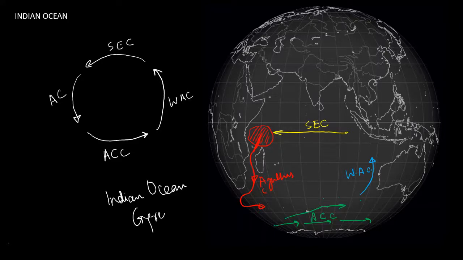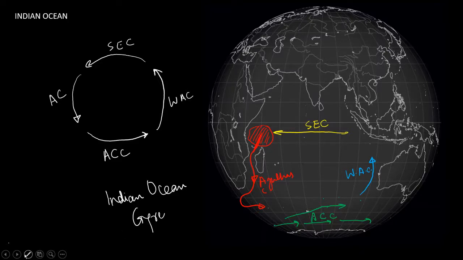What happens in the peripheral and the central portion of these ocean gyres has already been discussed in the previous videos uploaded by me. We can take this up later. But as of now, you should remember that we have these four major currents. Of course, there are several other currents, but these are the four major currents.